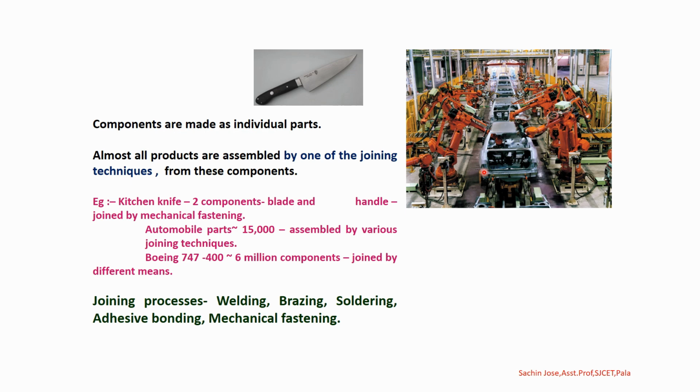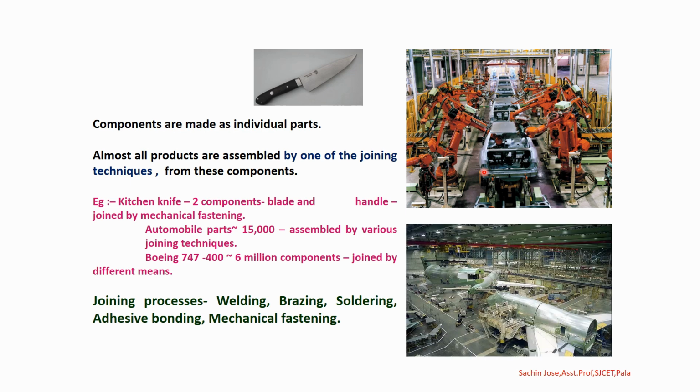If you move into the higher side, you can see a Boeing 747, a mammoth aircraft. It is composed of 6 million components, and they are joined by different means, and welding is one of them. Then we have riveting, then we have plastic welding processes. So some of the common joining processes are welding, brazing, soldering, adhesive bonding, and mechanical fastening.